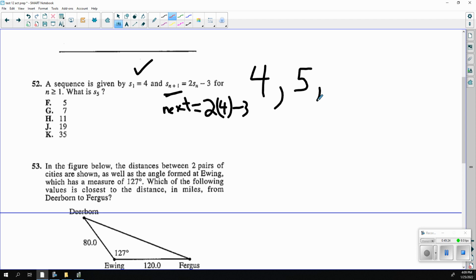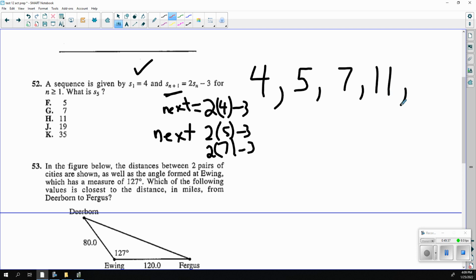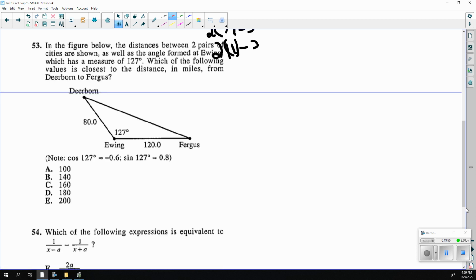Get it? Now the third one is going to be 2 times 5 minus 3, that's 7. Then 2 times 7 minus 3, that's 11. And the fifth one is 2 times 11 minus 3 is 19. Recursive sequence, the next one is twice the previous one minus 3, and then you're off and running.